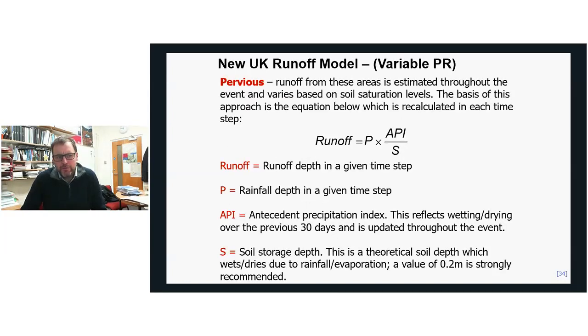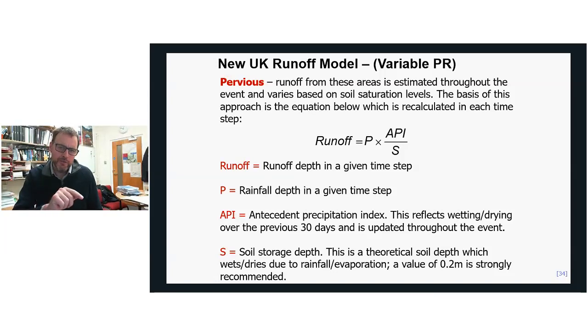For pervious, runoff from these surfaces is estimated throughout the event and varies based on soil saturation levels. The basis of the approach is the equation below, which is recalculated for each time step. So this isn't like the fixed PR model where you run the calculation once.